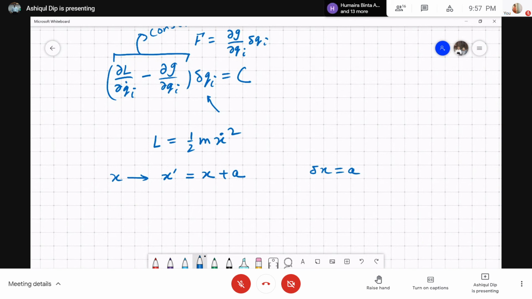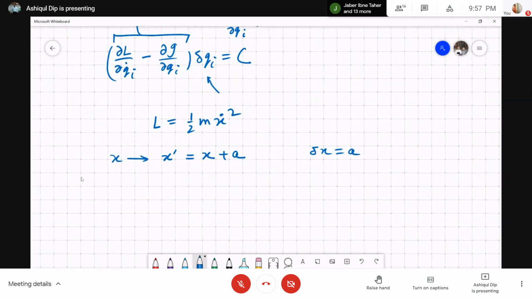So what would be our delta L, the change in L? By the chain rule, delta L is delta L over delta x times the variation of x, plus delta L over delta x dot times the variation of x dot, right?